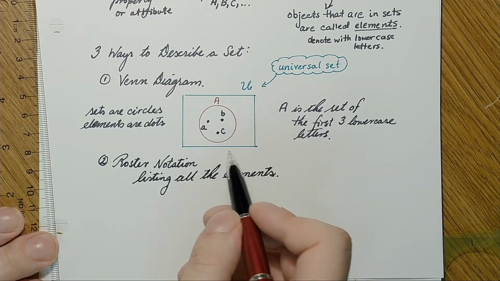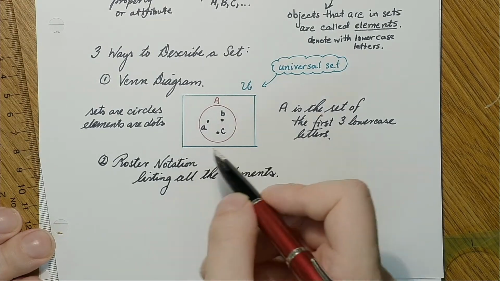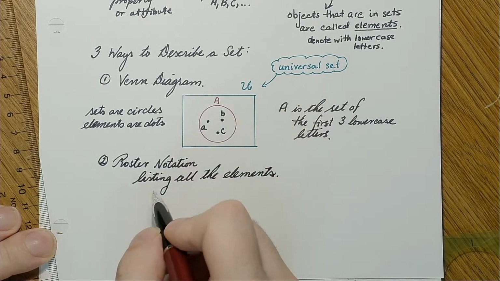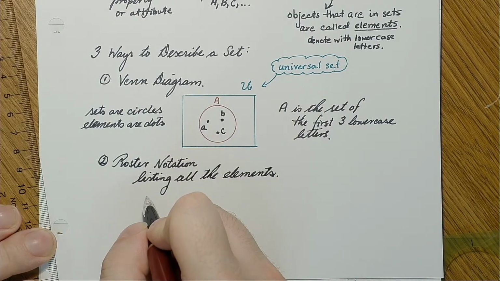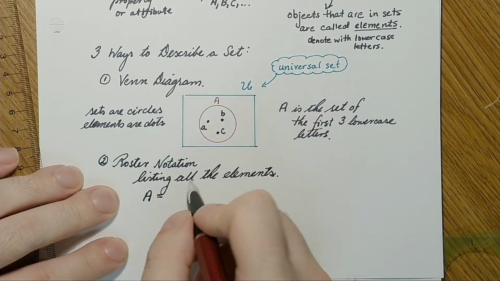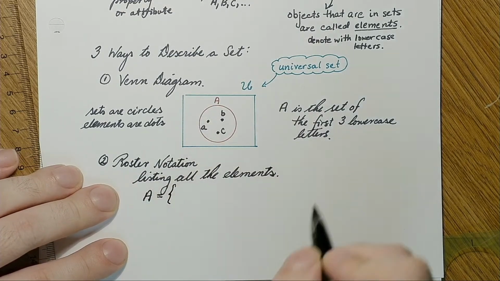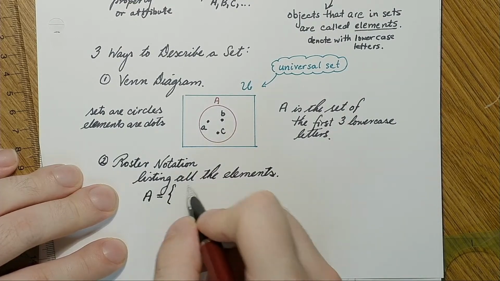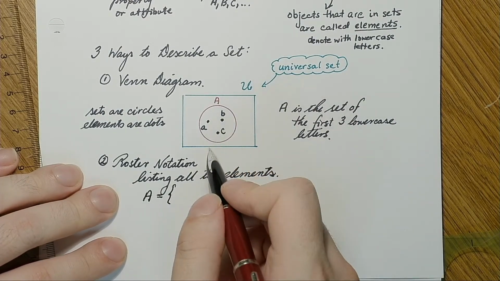Okay, so if I wanted to do the same thing with our Venn diagram, I would use A, and I would say that this is equal to, here are my curly brackets, and I list off all the possible elements inside of it.